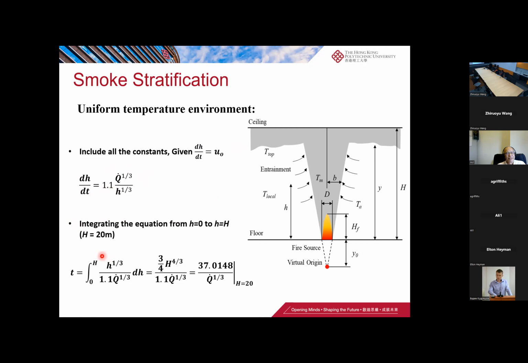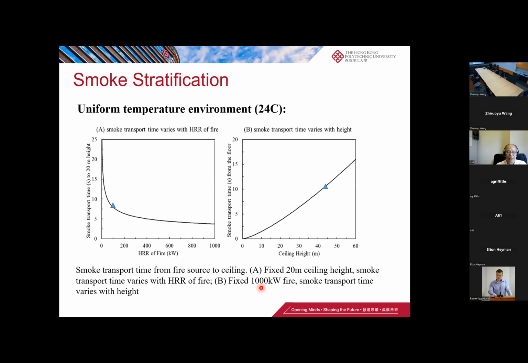We can simply integrate this equation over height from the floor to the roof, and time from 0 to t, and then we have this very simple correlation. We did not make any assumptions, but purely from McCaffrey's centerline plume velocity correlation, we can have these results.